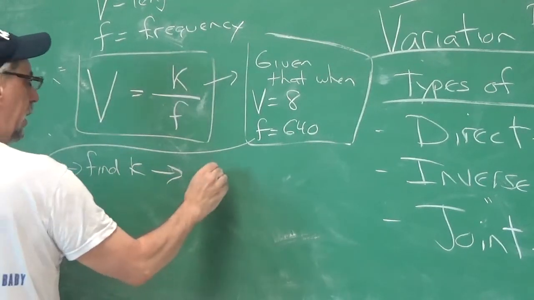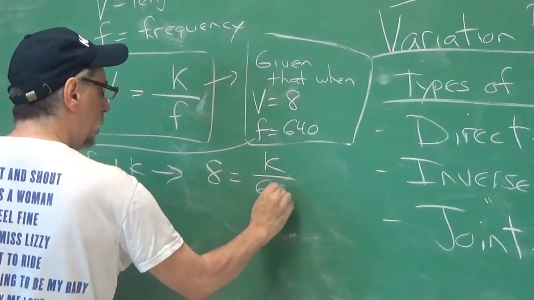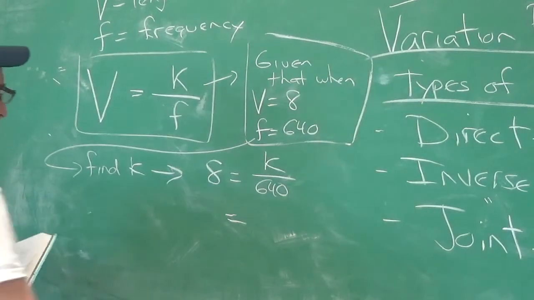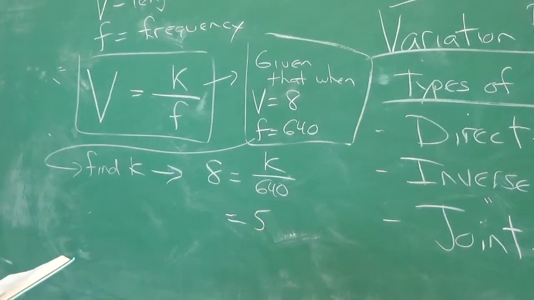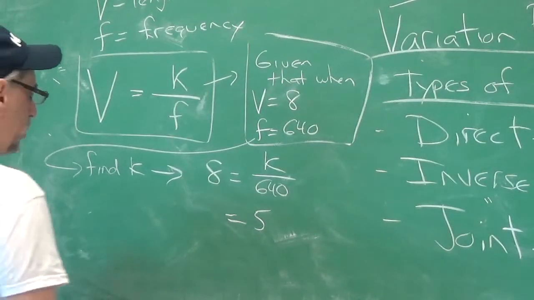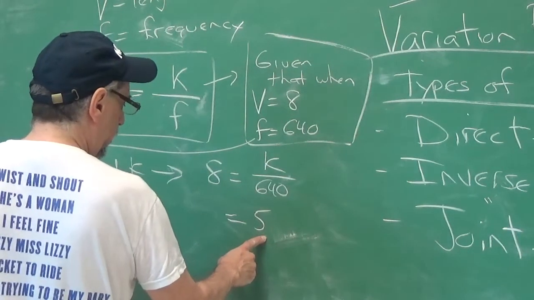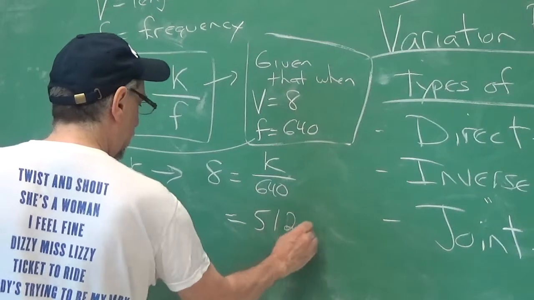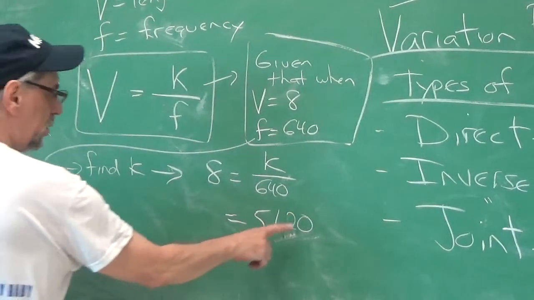So we get 8 equals K over 640. So 4,832, what is that? 4,832, right, 4,800 and 320? Did I get the answer here? 512, I was close.